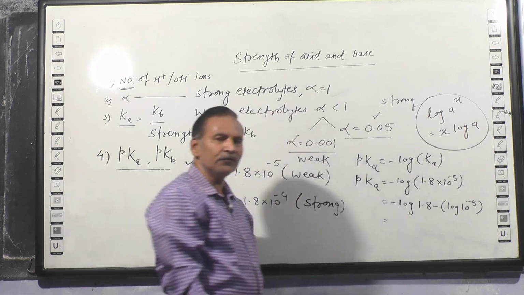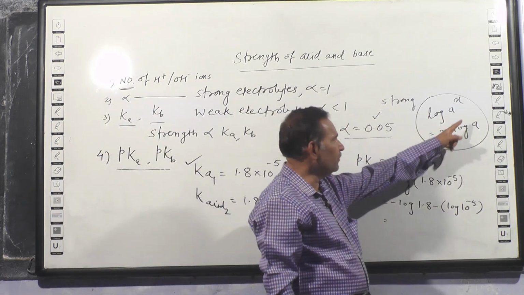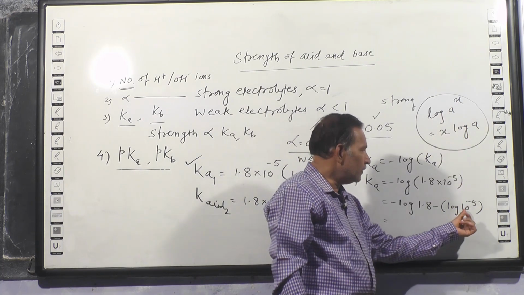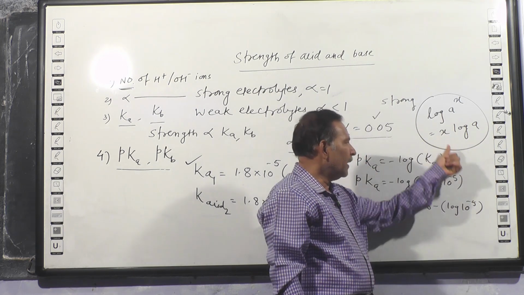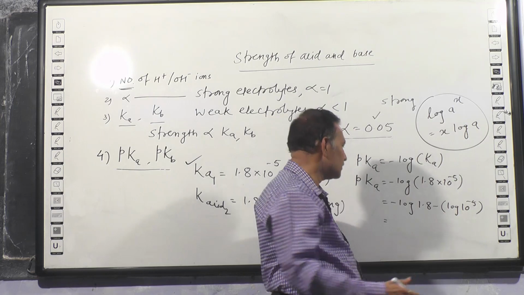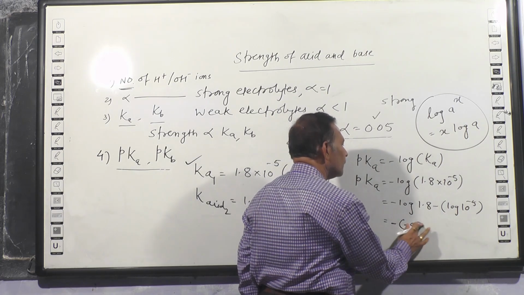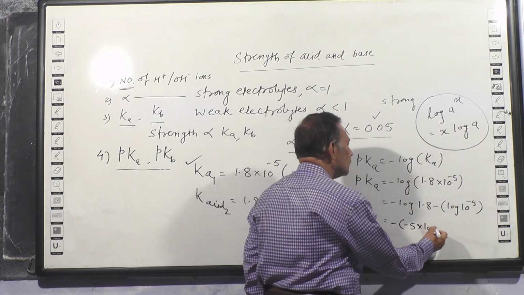So we'll use this formula: log a raised to power x is equal to x log a, the power becomes the coefficient. Here a is 10, x is minus 5. Minus 5 will come as a prefix, so we'll solve this: minus of minus 5 into log of 10.